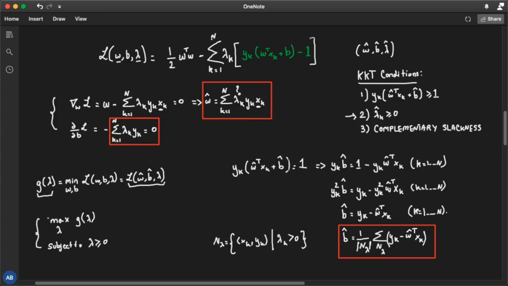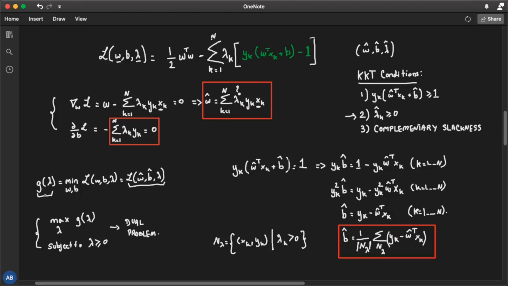This is referred to as the dual problem. Also, under some conditions, which in this case are satisfied, the primal and dual have zero duality gap.